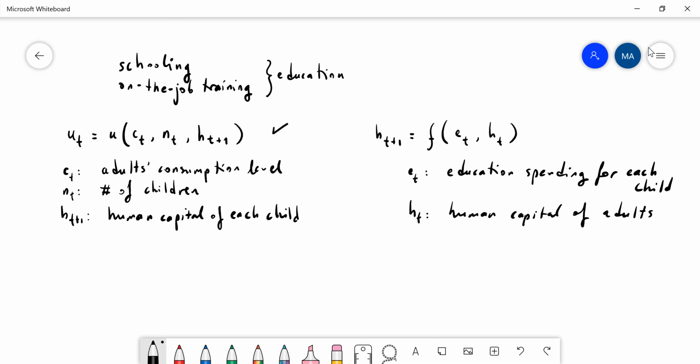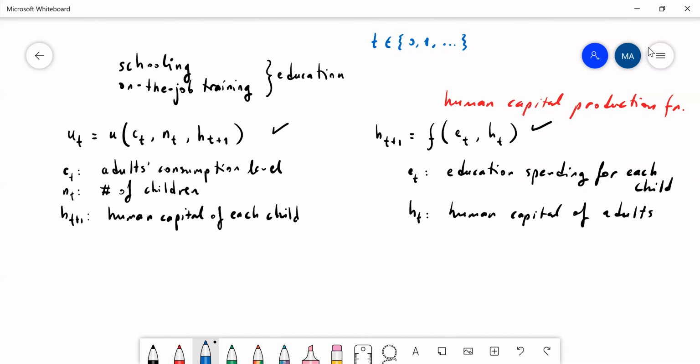So you have one equation, the utility function, and another equation, the human capital production function. And of course, time here indexes generations.